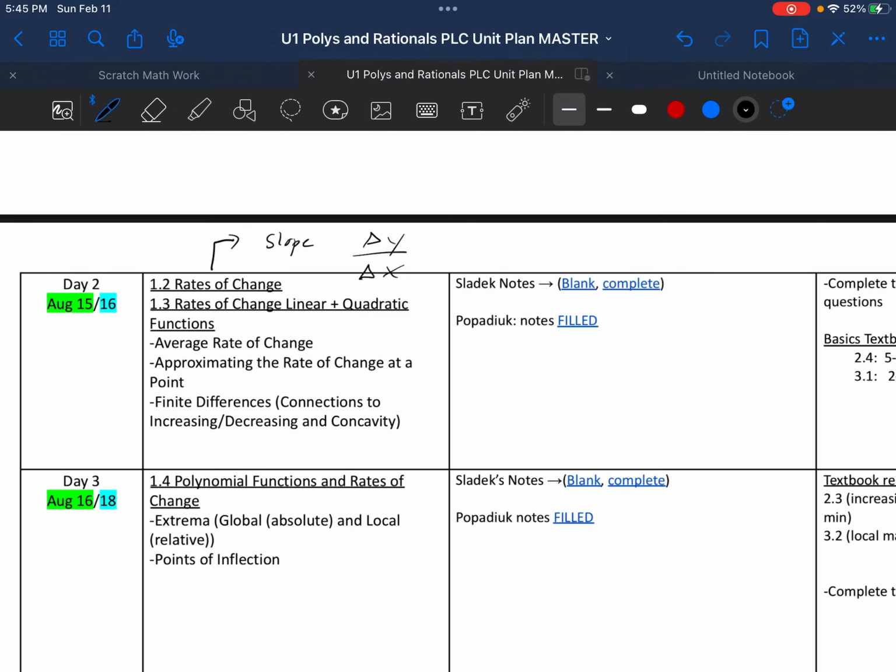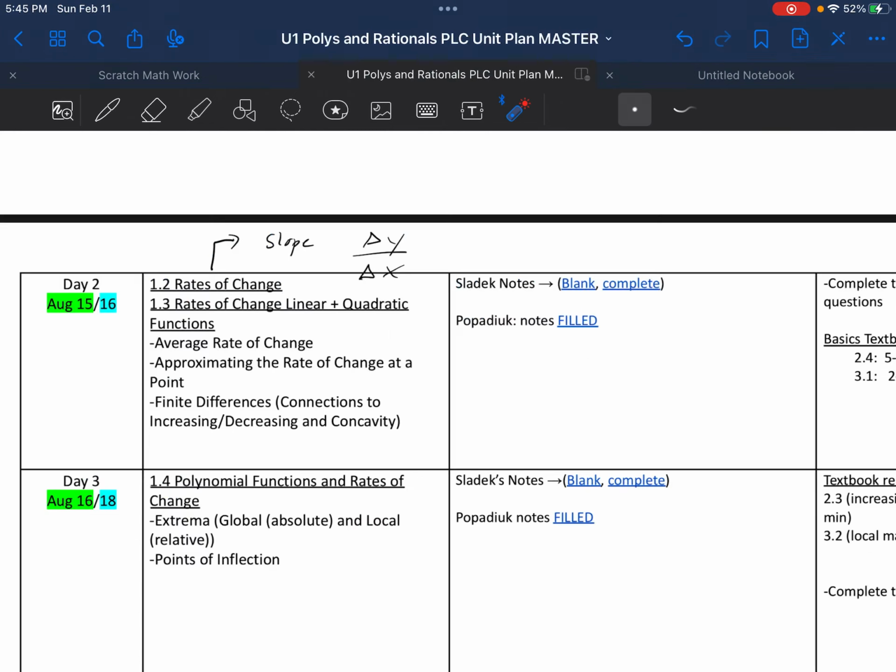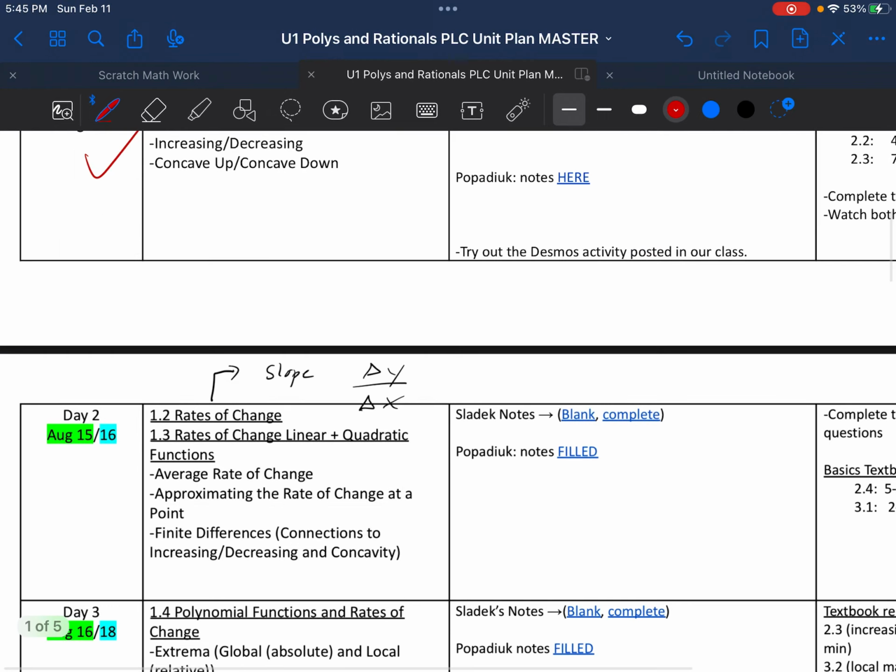That's what we want to think about with finite differences: can we take a table of values, keep the change in x the same, and then explore what's happening with the change in y to get an idea of what the function's doing? So that was 1.2 and 1.3, really quick. Let me check that off.